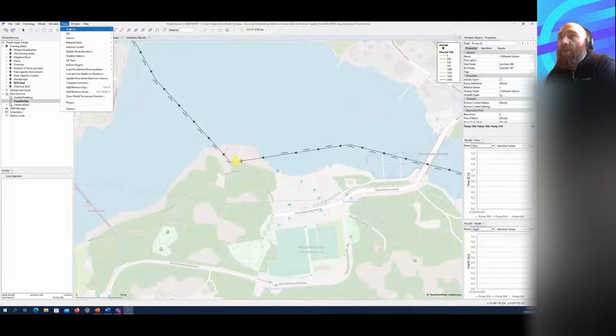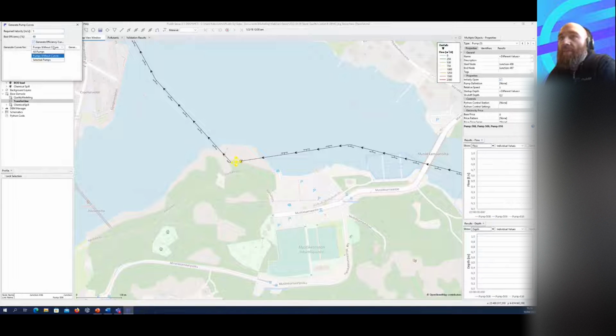And in our software, you have a quite good tool for creating it in the tools, analysis, generate pump curves. And I just generated for the selected pumps. So it creates a pump curve that creates 1 meter per second flow with 60% efficiency. So you get an operating point of this.